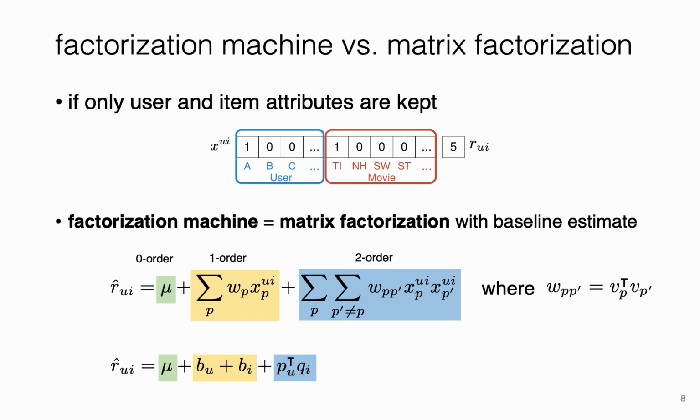In that case, the sum has only one term, which is equal to the weight W P P prime. This weight is given by the inner product of the latent vector for the user and the latent vector for the item. This inner product is exactly the inner product computed in the matrix factorization formula.